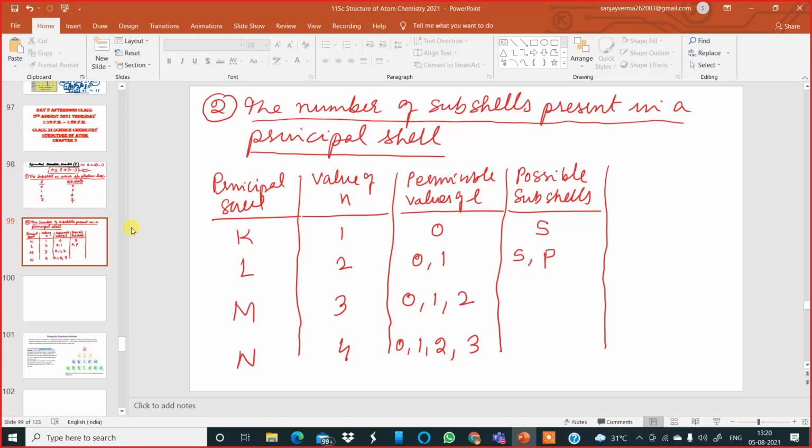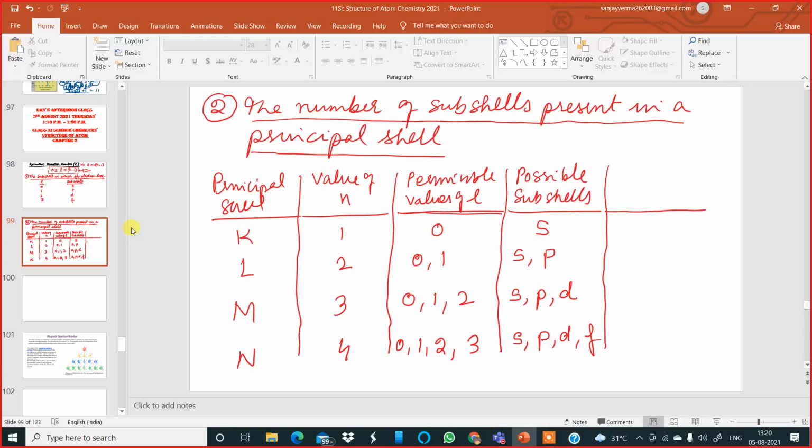Again, when it is 0, it is s; when it is 1, it is p; when it is 2, it is d. Again, when it is 0, it is s; 1, it is p; 2, it is d; and 3, it is f. So these are the possible subshells for the corresponding values of l, that is the azimuthal quantum number.